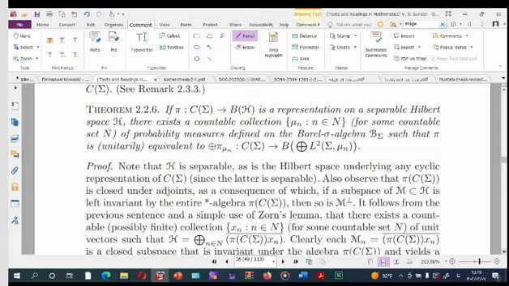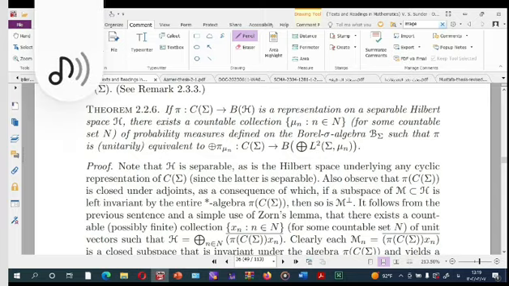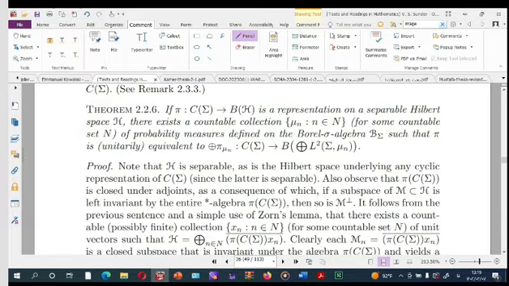And also we have this theorem: if P from C of sigma to B of H is a representation on a separable Hilbert space H, there exists a countable collection mu n, for some countable set, of probability measures defined on the Borel sigma algebra B sigma such that P is unitarily equivalent to this representation.